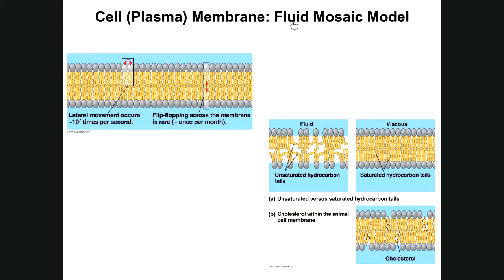But the phospholipids themselves are sometimes described as creating a very fluid plasma membrane, or sometimes they create what we call a very viscous plasma membrane. Which one the phospholipids form for a particular cell's membrane has a lot to do with whether the fatty acids that make up the phospholipids are unsaturated or saturated.